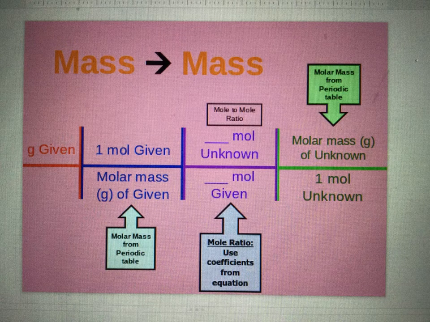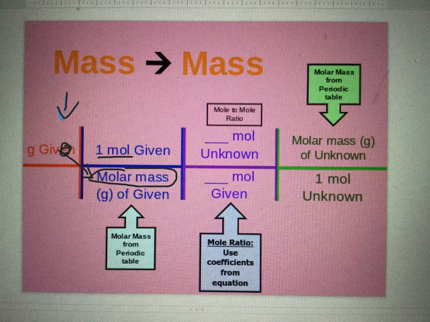Okay, here's your mass-to-mass template. So you always start with the given, whatever it is that they're giving you. And whatever this unit is, it must go down here so you can cancel. That part's the same. Don't forget that your molar mass is where you use your periodic table to add up all of the weights of every single element. And then, of course, that goes to 1 mole.